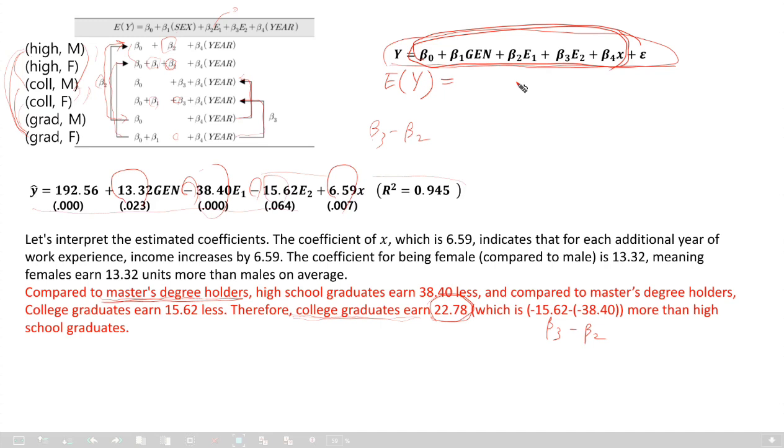Another case is when y is a dummy variable: 1 for success or pass, 0 for failure. This is more complicated, because in y equals beta 0 plus beta 1 x plus epsilon we have assumptions about the error term, normal distribution.